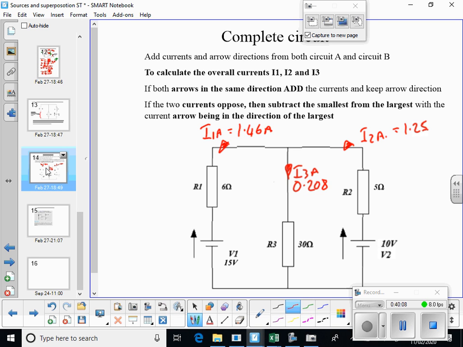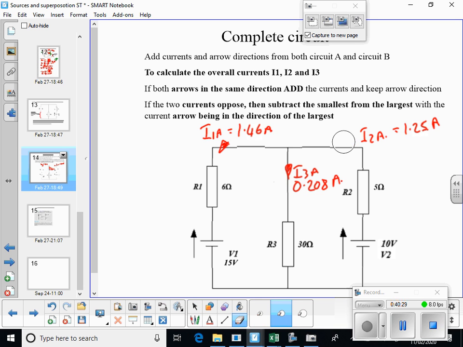Have I got them right? Yep. So that's the first three currents on the overall diagram. So we've superimposed circuit A currents onto the diagram.